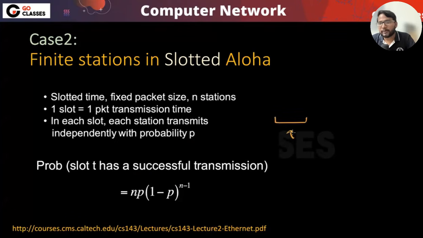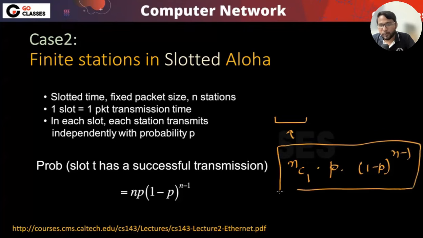It means exactly one of the stations is transmitting, that is nC1, and the rest, n-1 stations, are not transmitting. With this much probability, this slot will be a success, right? Is this okay to everyone?